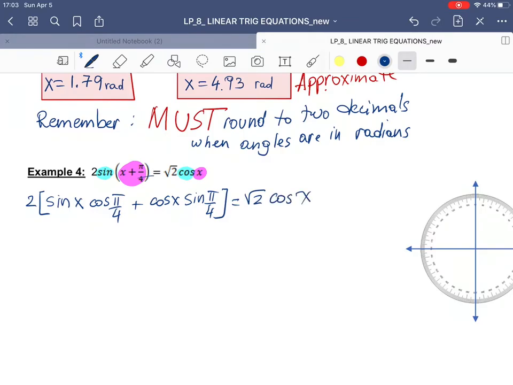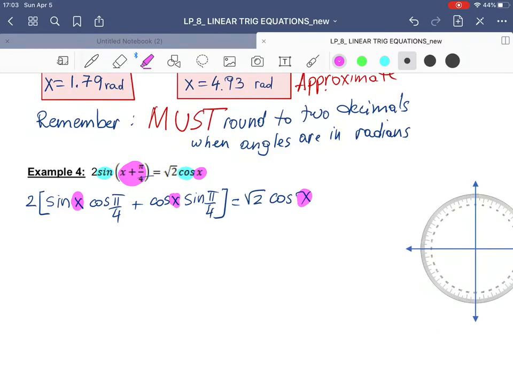All right, and next step, what I have achieved here is that for the angles at least, I have x inside the sine, x in here, and x in here. So I'm happy with that.